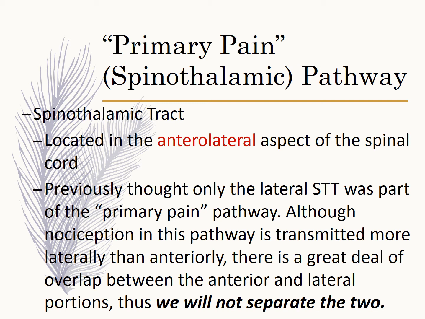And although nociception in the primary pain pathway is transmitted more so in the lateral spinothalamic tract than in the anterior spinothalamic tract, we now know there is so much overlap between these two tracts that we are not going to separate the two. So as I mentioned earlier, please just know spinothalamic tract.